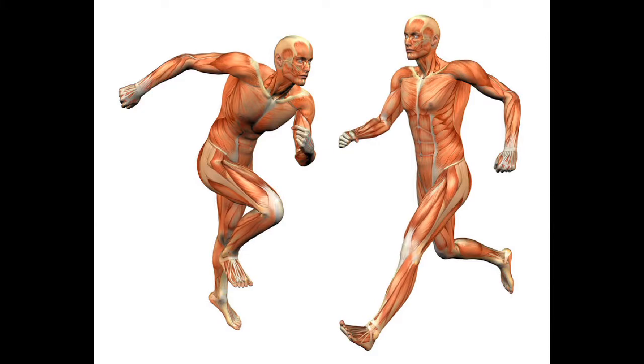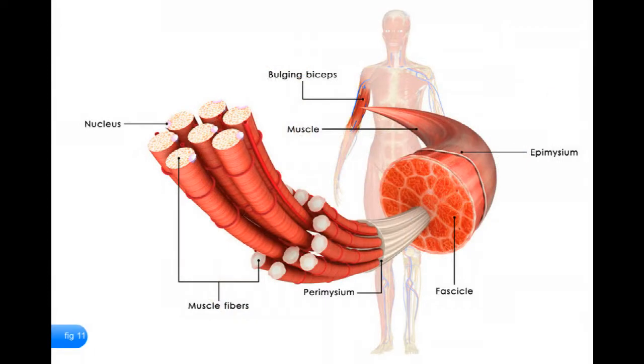The next slide that you will see shows a breakdown of what the muscles look like inside. Clearly from this picture we can see the bicep muscle, and now we can see another diagram which shows us what's inside the biceps, the epimysium, the perimysium and the fascicles, which are inside, which are all about contraction.